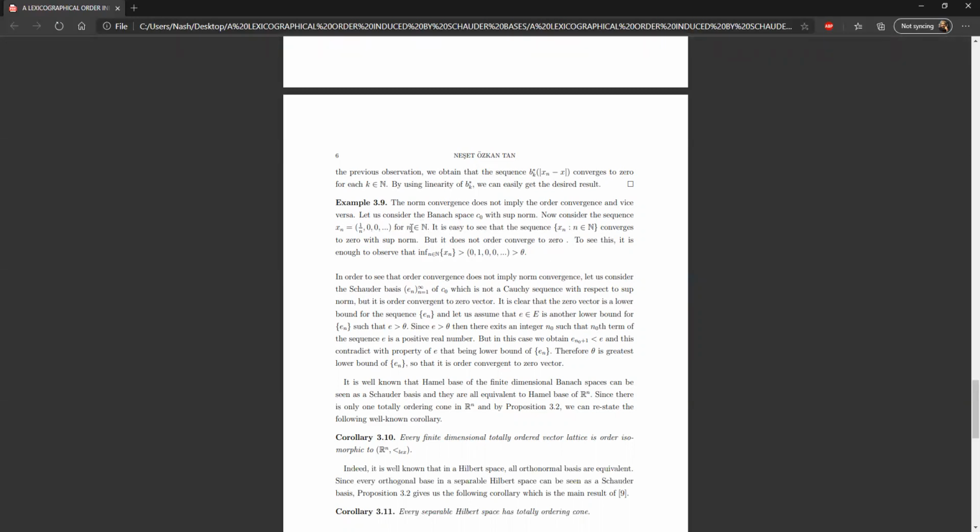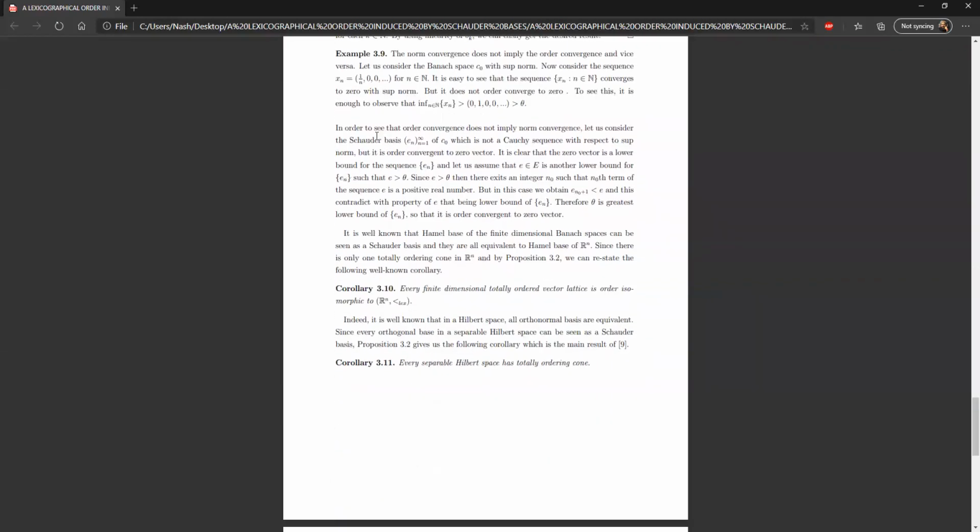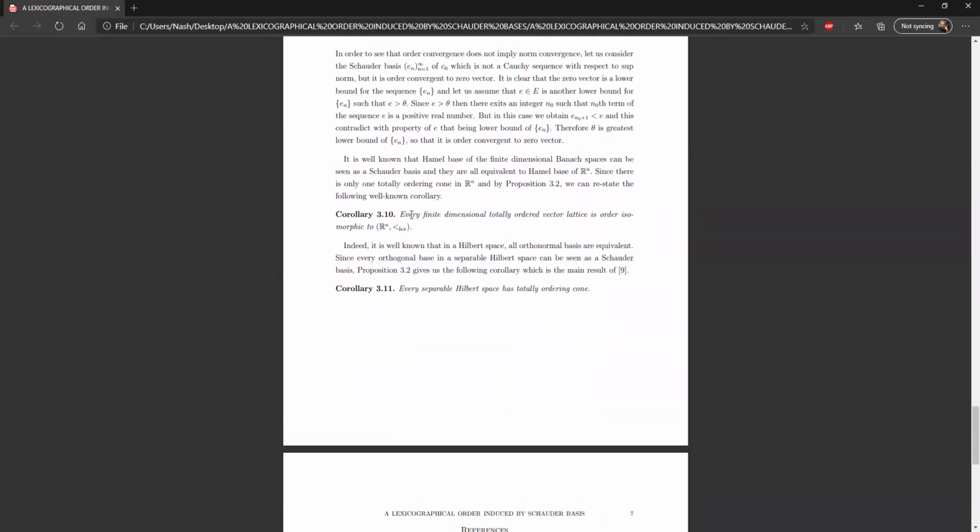It is easy to see that this sequence converges to 0 according to the supremum norm, but it is not order convergent because, as you see, this number is strictly greater than 0, but the infimum of xn, the sequence, is greater than the number. This is, of course, the disadvantage of our lexicographical order. And we have an example which has order convergence but not norm convergence as well. If you look at the standard case of C0 again, you will see that this is a correct example for my claim.